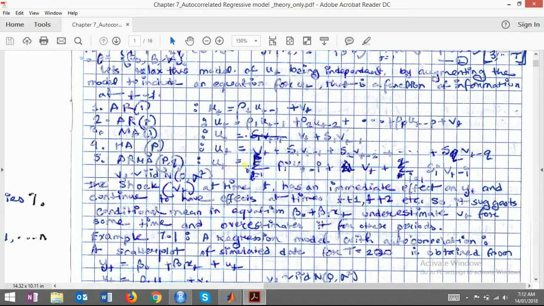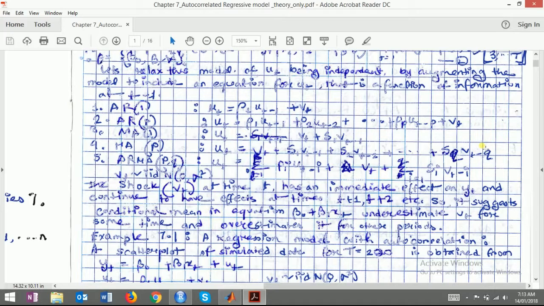The moving average q model is ut equals vt plus gamma 1 vt minus 1, plus gamma 2 vt minus 2, up until gamma q vt minus q. So vt is in between, you see. The previous model will generate up until vt, and then the moving average will move from vt backward.